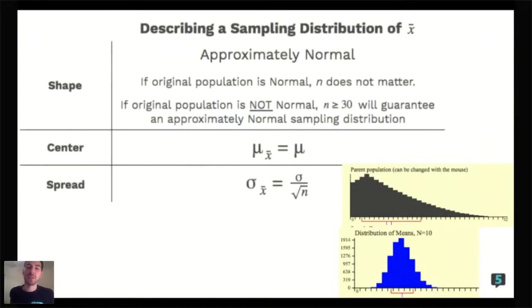It turns out that to describe a sampling distribution of x bar, the shape is going to be approximately normal if the original population is normal, no matter what.